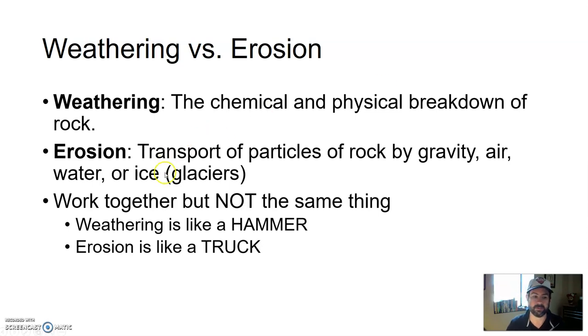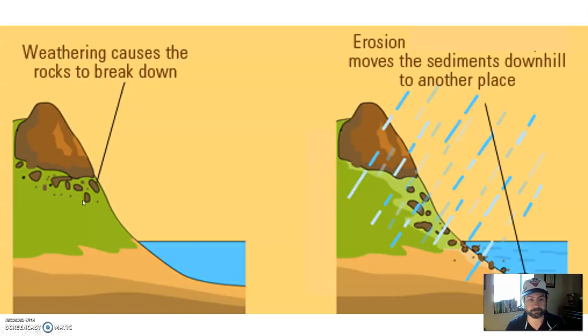Think of it like this: weathering is the hammer action, taking a big hammer and hitting a rock to break pieces off. Erosion is like putting that material on a truck and transporting it from A to B.